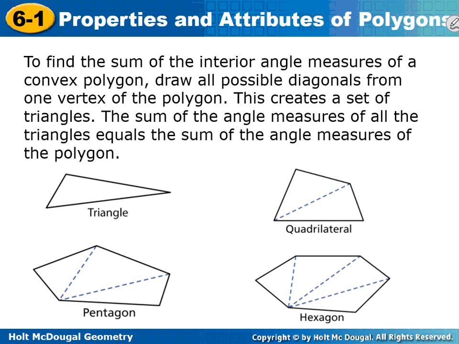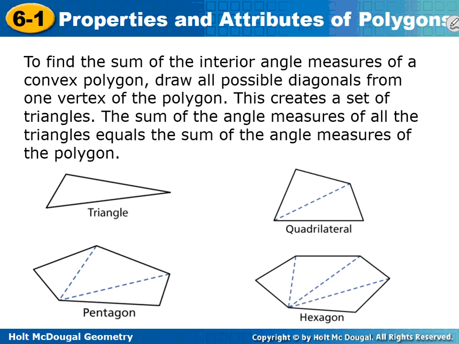Okay, here's some people saying 360, some not quite so sure. What about a pentagon? Does anybody know what the sum of all the angles in a pentagon is? Okay, so nobody really knows for the pentagon, and then I'm going to ask you things like, what's the sum of all the angles in a dodecagon? Or what's the sum of all the angles in a 100-sided figure? And you're going to have to know that answer.